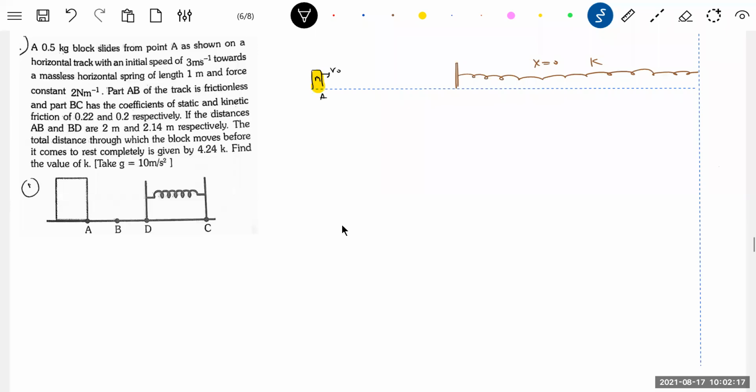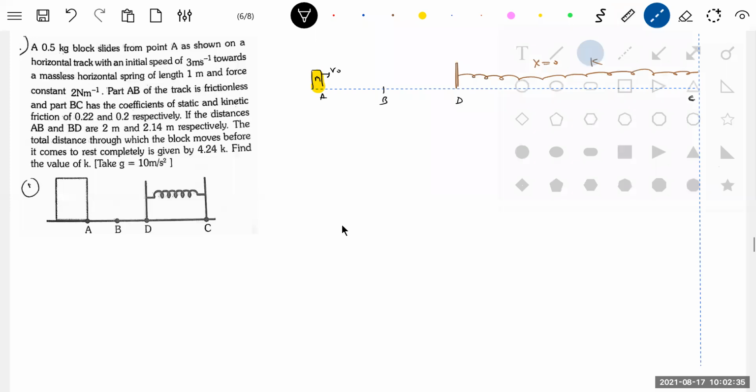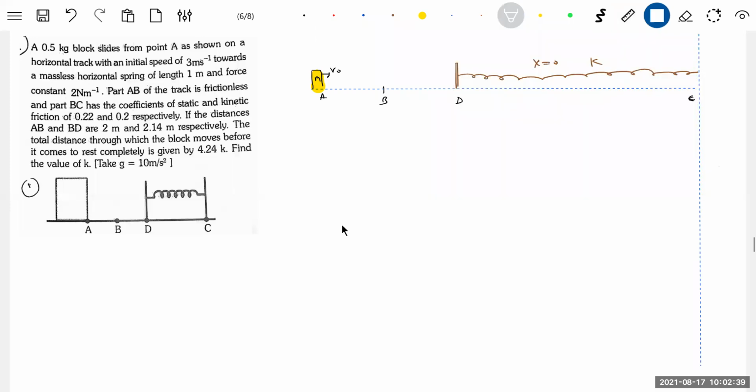We'll mark the points A, this is B, this is D, this is C. And the surface which is rough, we will shade it. This part is rough and the remaining part is smooth.